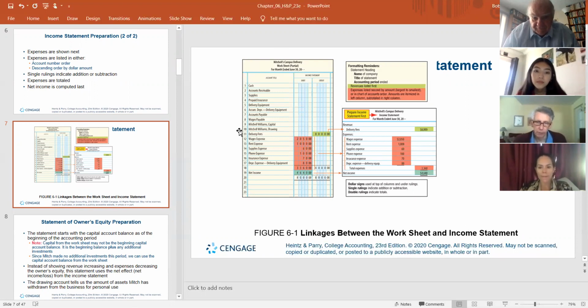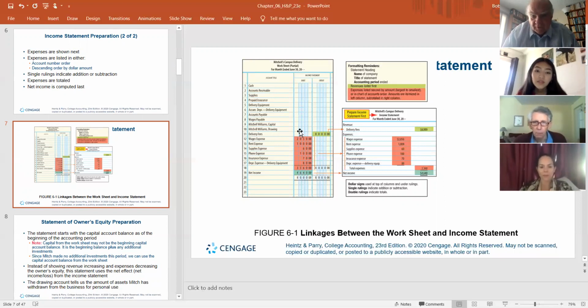Delivery fees and everything below it is the income statement. Everything above it is the balance sheet. So you're basically going to copy all of these numbers over except for one, which we'll show you in a moment. So we know that everything below drawing is your income statement.